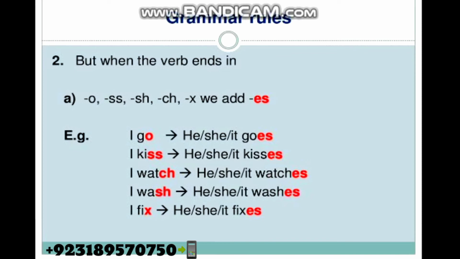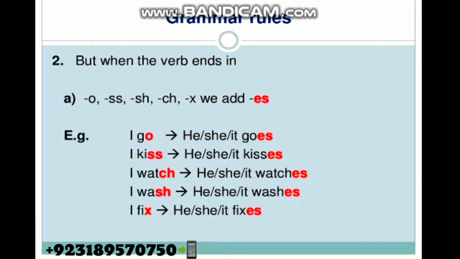Then we have the second grammar rule. With verbs ending in o, double s, ch, sh, x, we add es at the end of the verb. With the subjects he, she, it, and with the singular noun, you will put s or es at the end of the verb. So the rule is that when the verb ends with o, ss, sh, ch, x, we add es at the end of the word. For example, I go: go ends with o, so we use es.